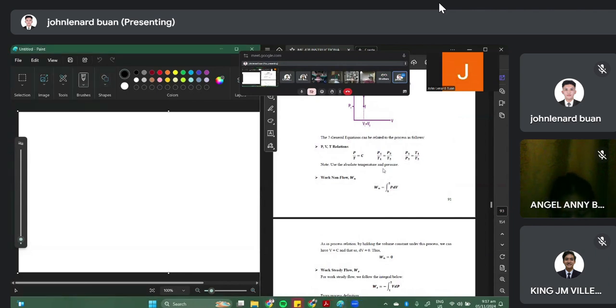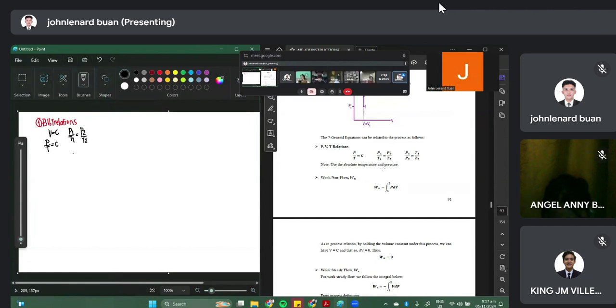Since volume is constant, therefore we'll have the equation P over T is equal to C, which is simply equal to P1 over T1 equals P2 over T2.